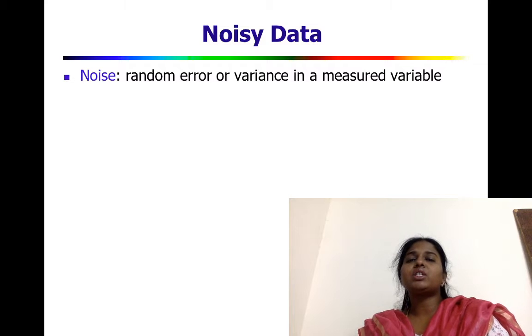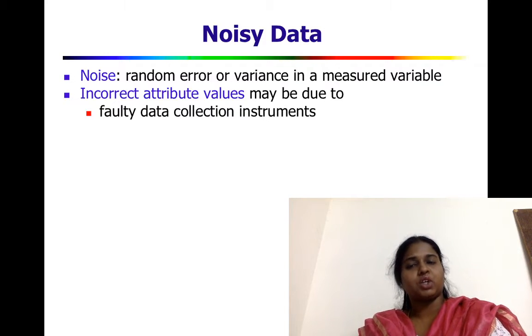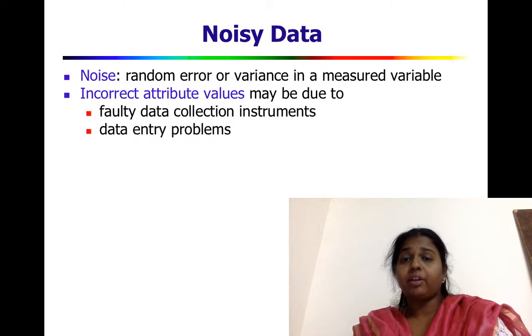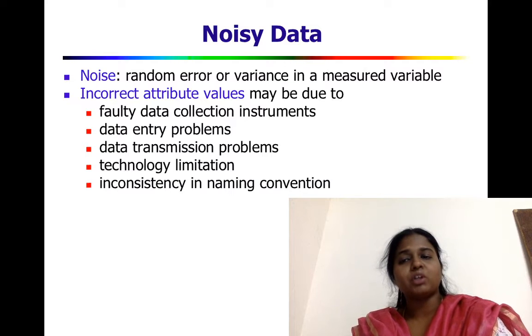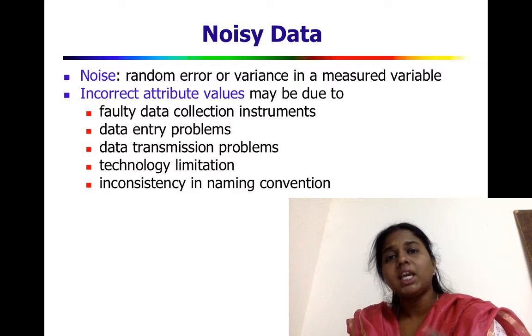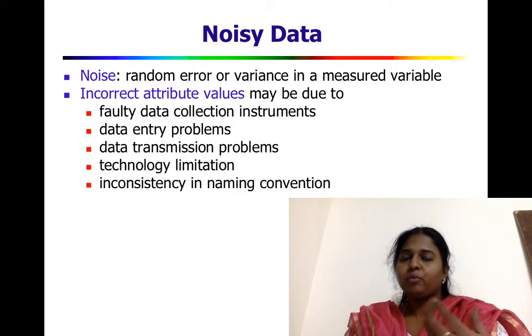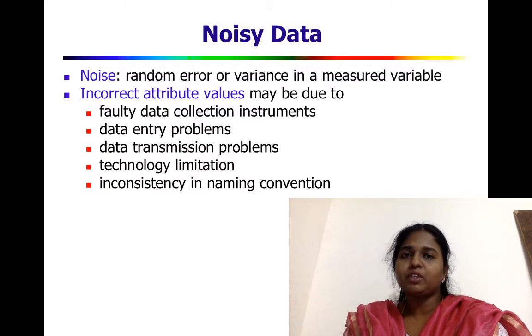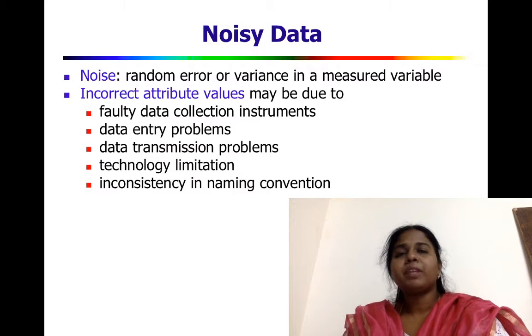And we have also seen that noise is an error in data. So what are the ways in which noise is introduced in the system? Because of faulty instruments, data entry problems, or it can be a data transmission problem, or it can be because of technology limitation, or it can even be because of the inconsistency in naming of different databases, for which we saw an example of how the name of the student is written in different ways in different databases.